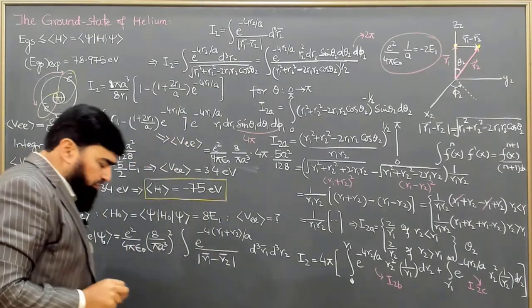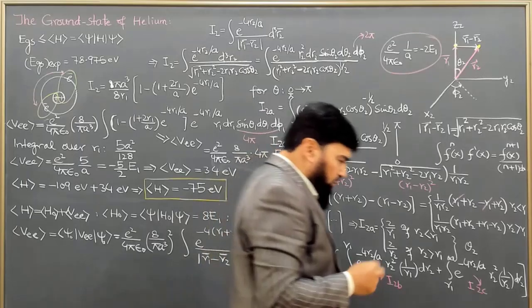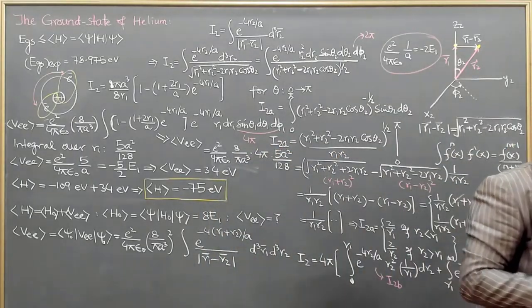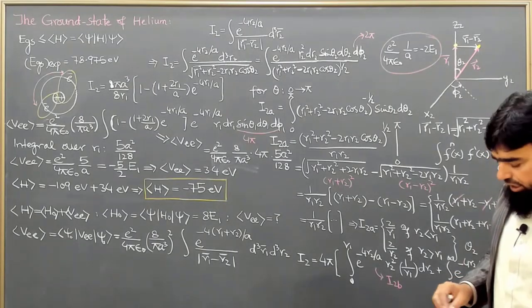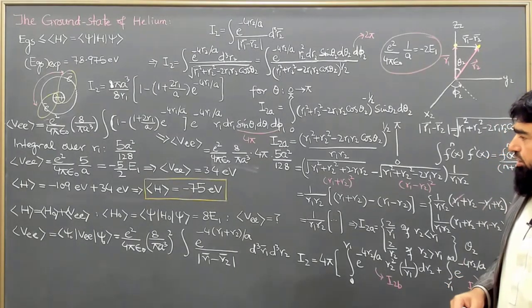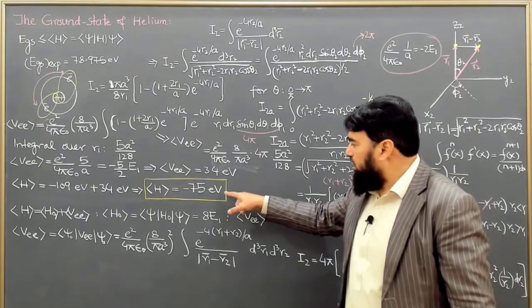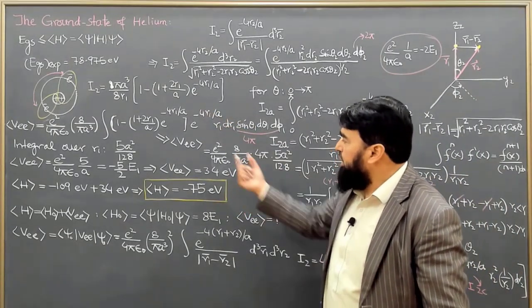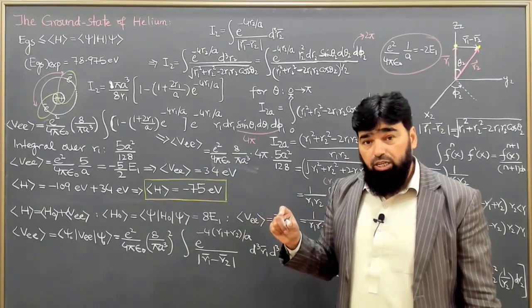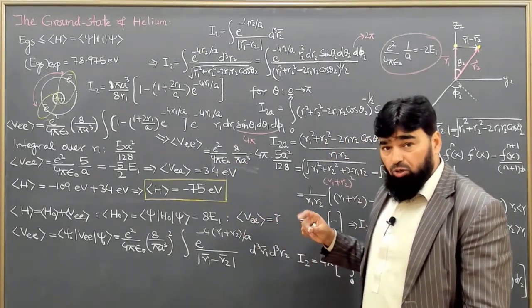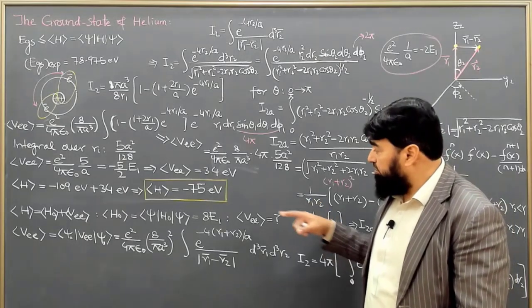So this value is even closer to the experimental value, and what we did here that resulted in our closer approximation was just calculating the V_EE term, the electron repulsion term.